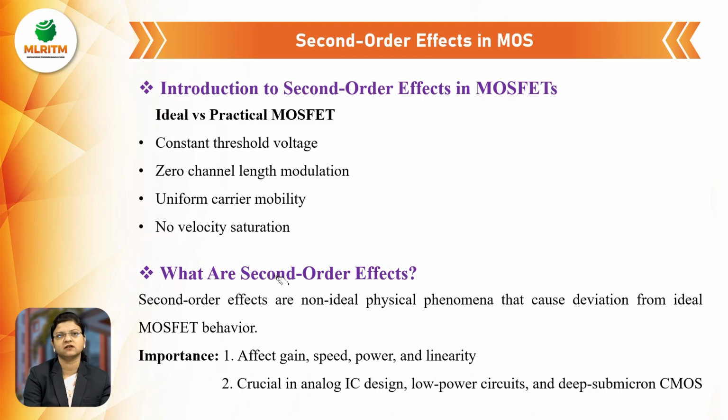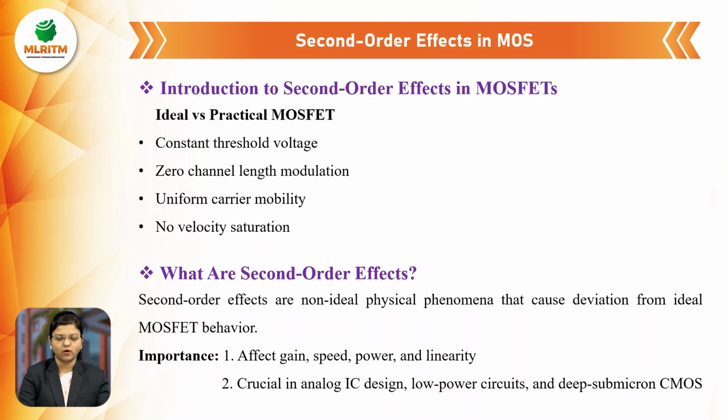The ideal conditions we just discussed are a constant threshold voltage, no channel length modulation so no impact on lambda, uniform carrier mobility, and no velocity saturation. Apart from these, if any non-ideal physical phenomenon happens, we call it a second order effect.